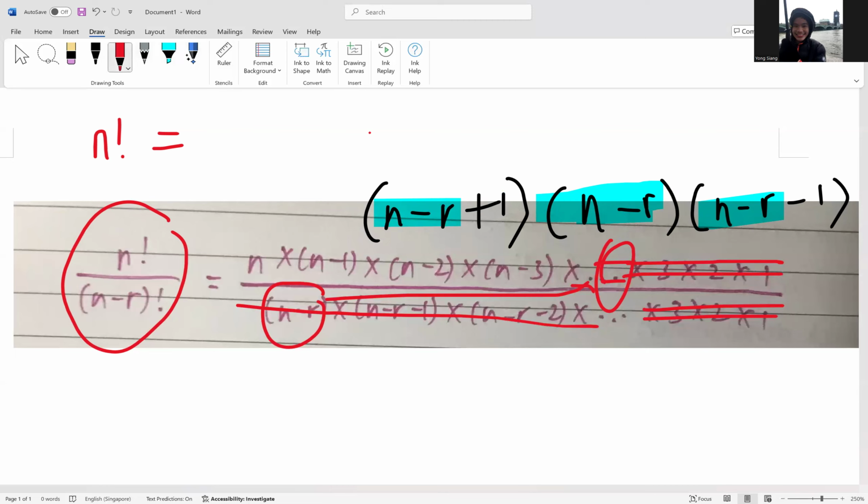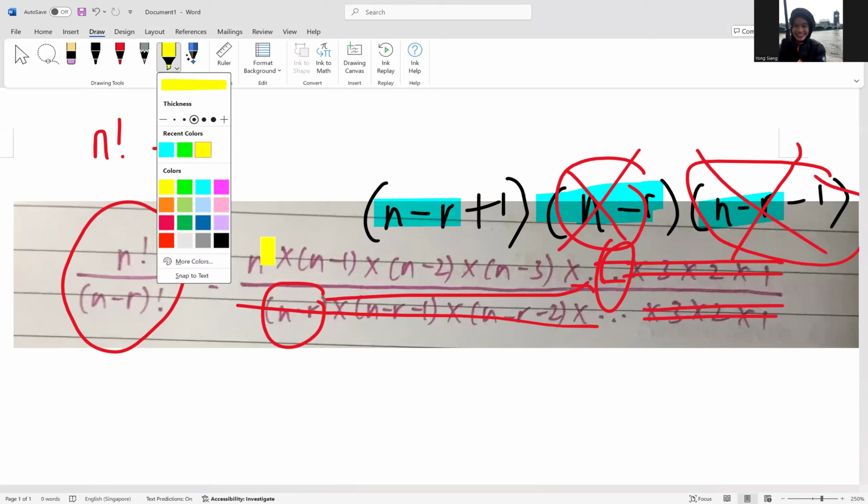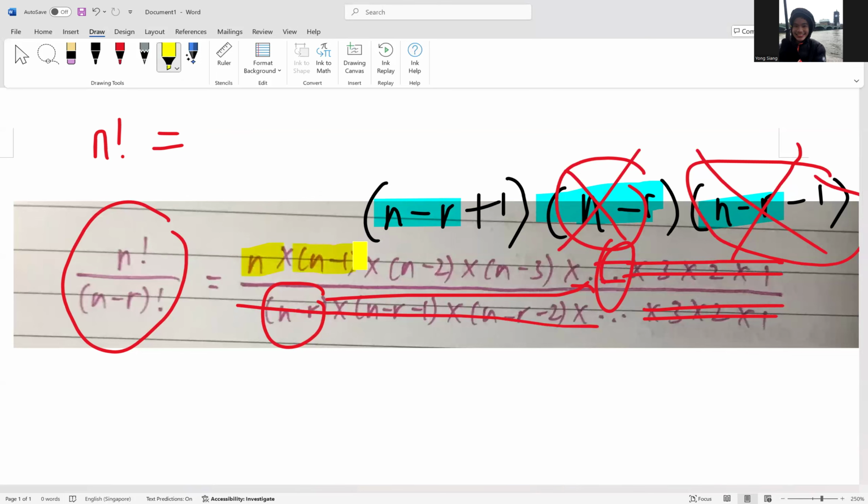Then you compare this and this to match. This one gets cancelled away. Goodbye. This one also gets cancelled away. Goodbye. So upon simplification, you are going to be counting down all the way, starting from n times (n minus 1) times (n minus 2) and so on continuously until you reach this place.